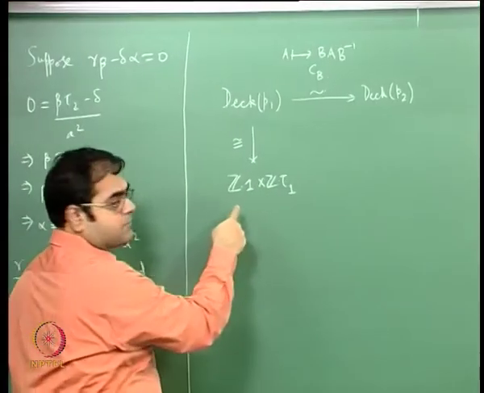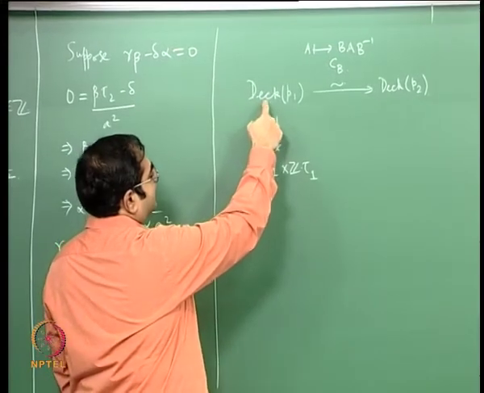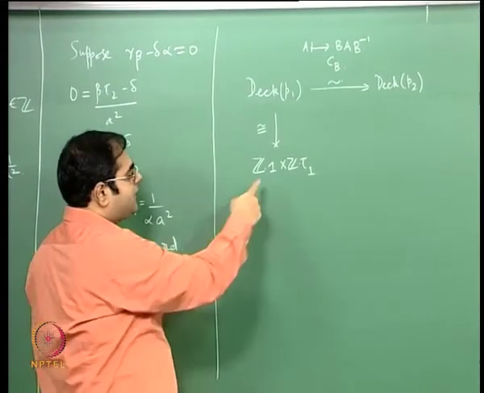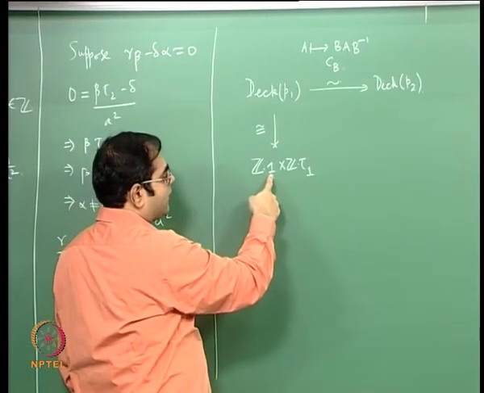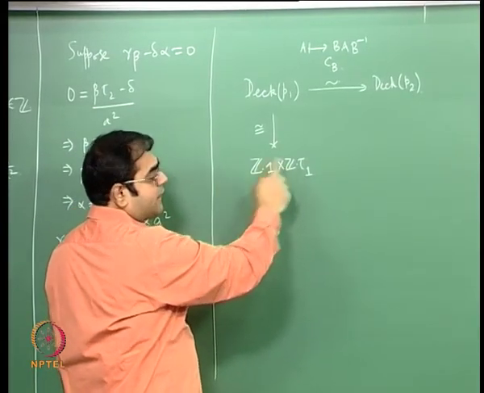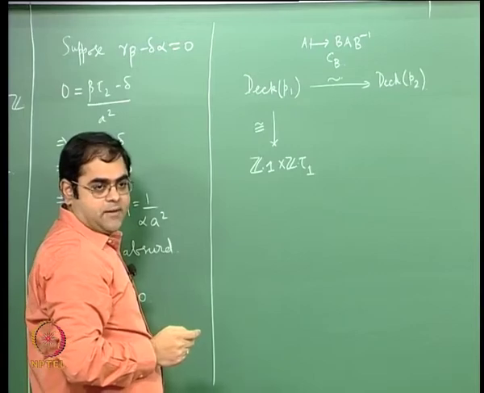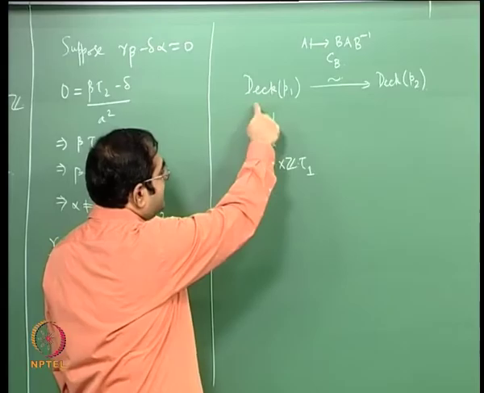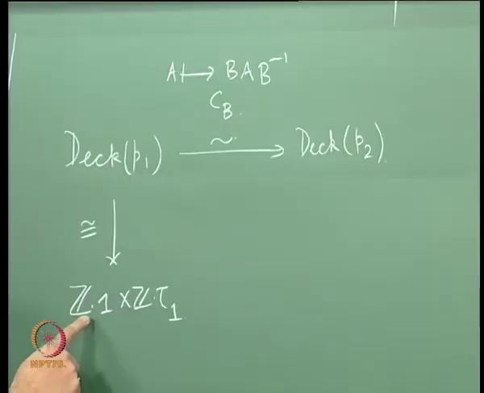What I am doing here is that an element is translation by an integer multiple of 1 and an integer multiple of tau 1. So it is given by a pair of integers, and I am just identifying that with these two integers here.